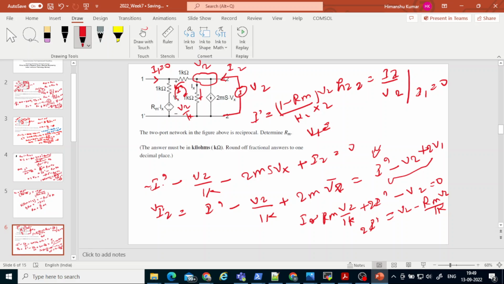From this equation we can replace V1. V1 will be equal to Rm times Ix plus 1k times I dash. Now this will be equal to, let me try it one more time.